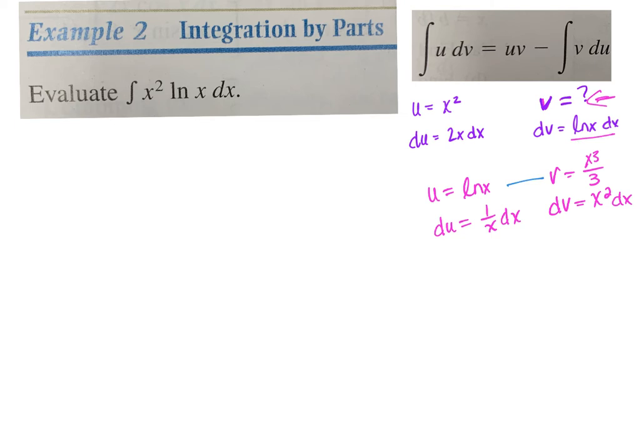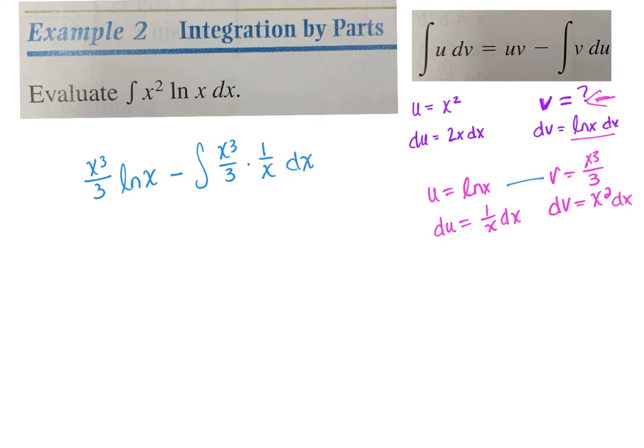U times v, well, that's going to be, I'm going to write it this way so it doesn't look weird, x cubed over 3 ln of x, right? Minus my v. Well, my v in this case is x cubed over 3, right? Du, 1 over x dx.